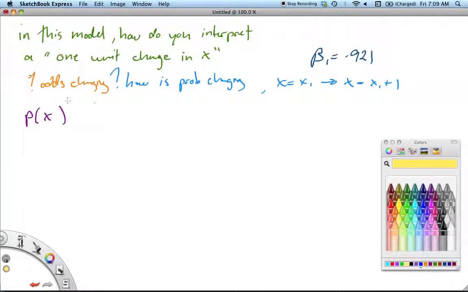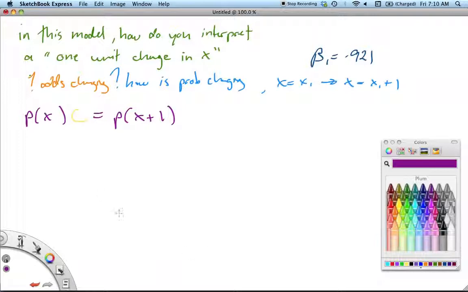But the probability of x times some constant c should be equal to the probability of x plus 1. Okay.